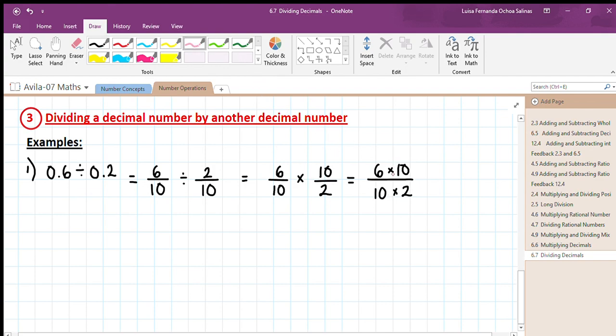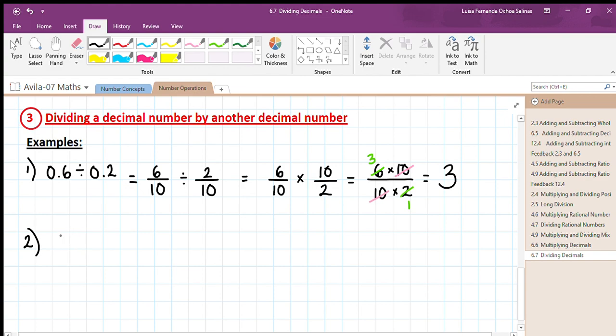That I can cancel this 10 and this 10, agree? And also that I can simplify this 6 divided by 2 is going to be 3, and this divided by 2 is going to be 1. So therefore my answer is going to be 3. Got it? How I did that one? Good. Let's do number 2.